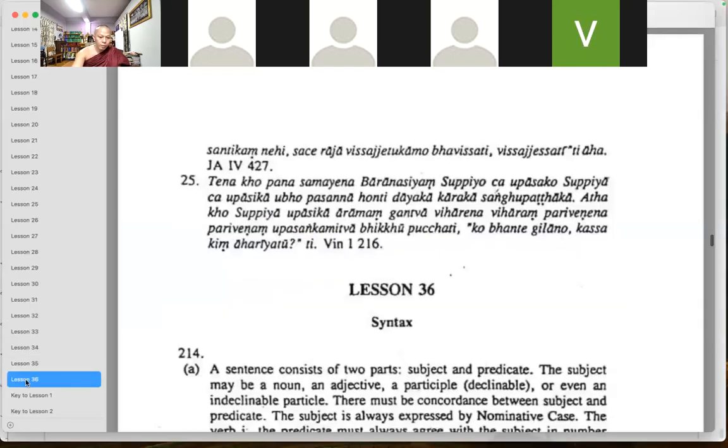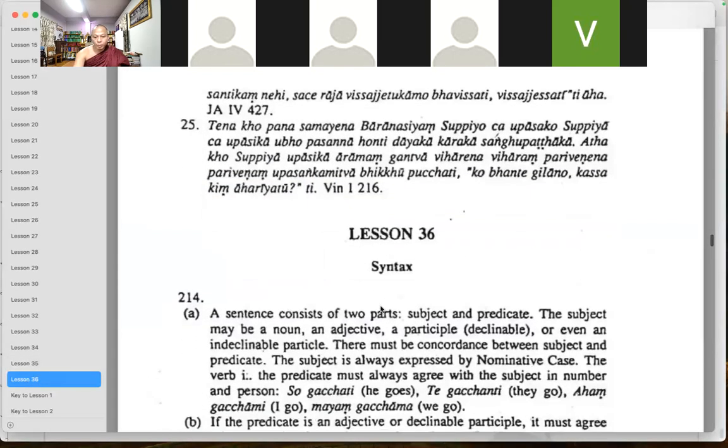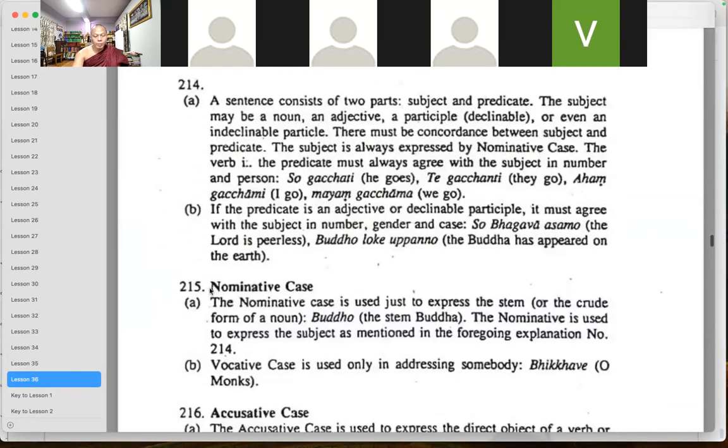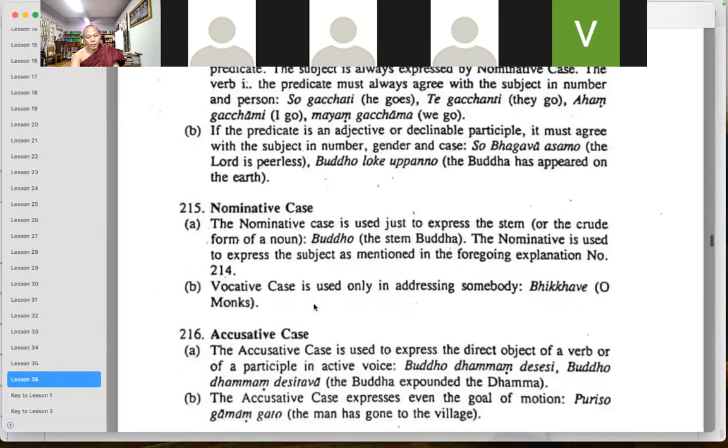The first one is subject and predicate. These are now syntax or cases from the paragraph number. So 215 is the nominative case.